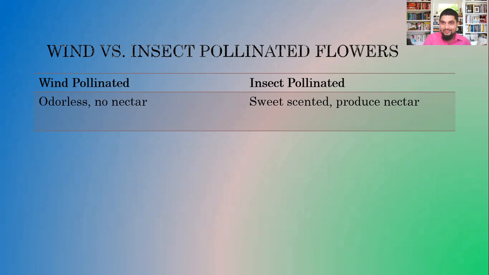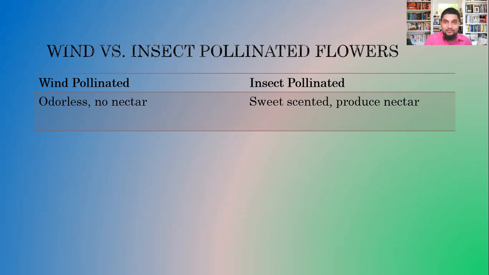They do not have nectar either, because again, they do not rely on insects or any animal to be pollinated. Insect-pollinated flowers are usually sweet scented and they produce nectar. Again, the sweet scent and the nectar are to attract insects, to attract different pollinators.